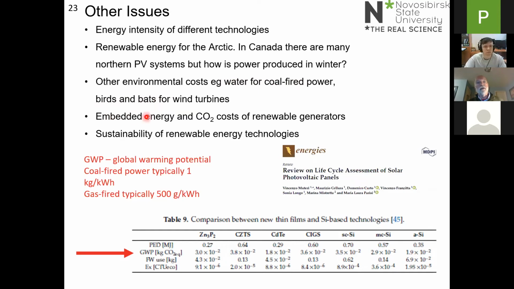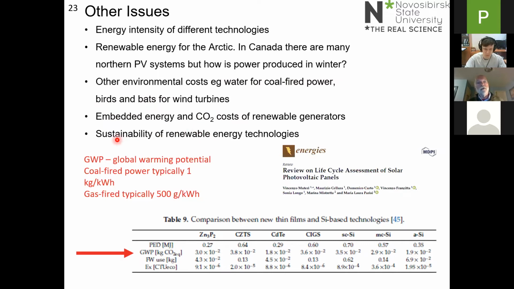I've talked a little bit about embedded energy and carbon dioxide costs of renewable generators. I've given you this information down here, the solar photovoltaics, and I'll give you some information on wind turbines in a moment.